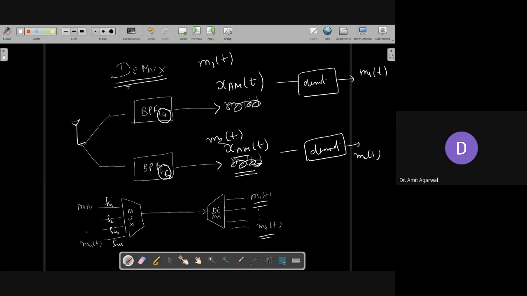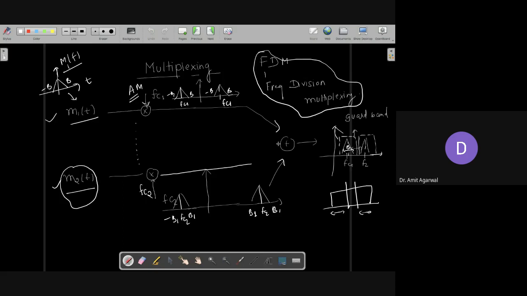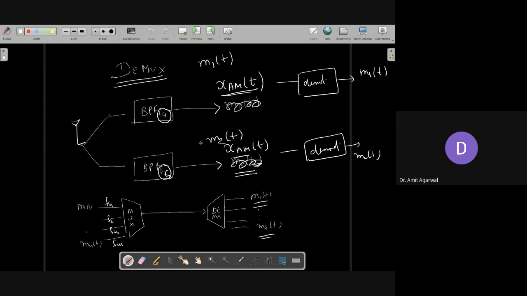Since we are interested only in multiplexing and demultiplexing, we are just looking at the modulated signals and how you can separate them out at the receiver. This is called demultiplexing.